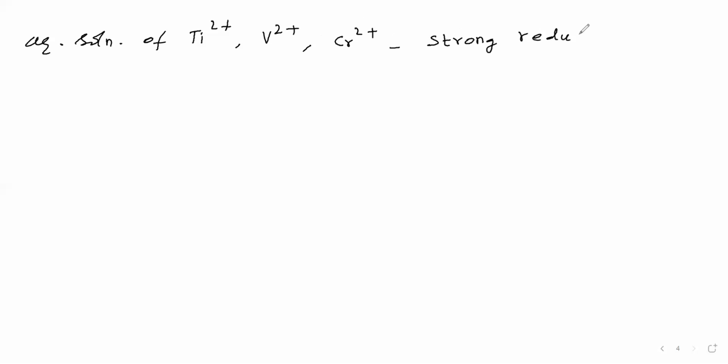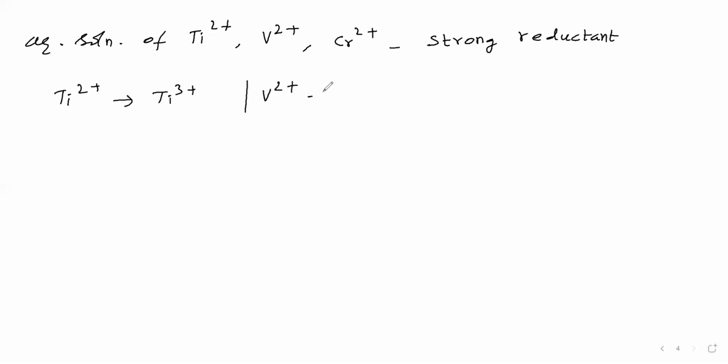Aqueous solution of Ti2 plus, vanadium 2 plus, chromium 2 plus act as strong reducing agents, strong reductants. These are acting as strong reducing agents. That means they are undergoing oxidation. So now we will take Ti2 plus converting into Ti3 plus.